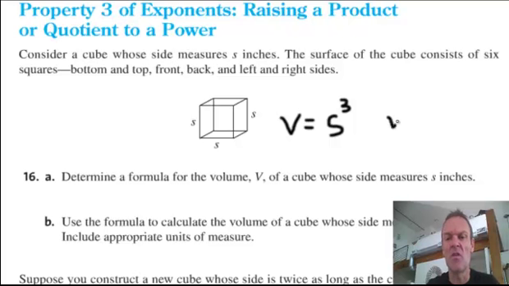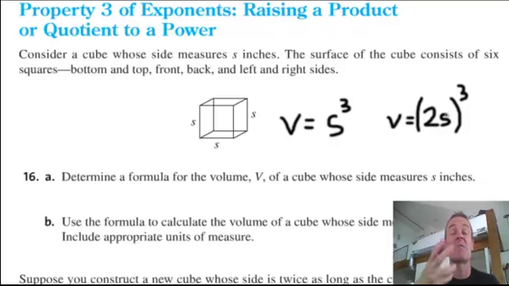So all of a sudden the volume, okay, each side is now twice the original side, but you are going to cube it again, because it's length times width times height. So instead of each side being s and s times s times s, each side is 2s. So what is 2s times 2s times 2s?